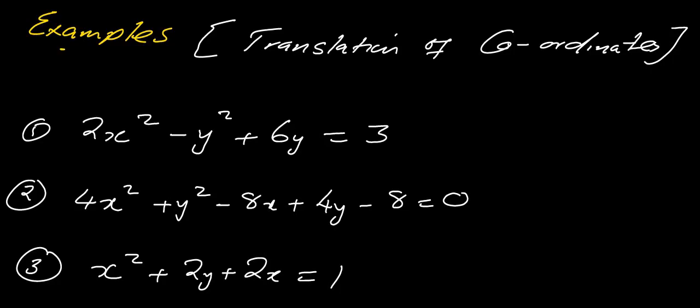Your A is 2. Then your B, is there a B? There's no B, right? So your B is 0. Then your C, what's your C going to be? 6. You're sure it's going to be 6?